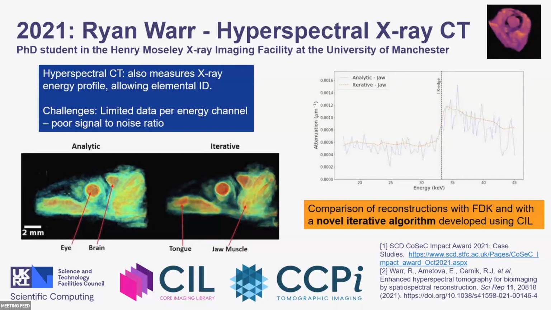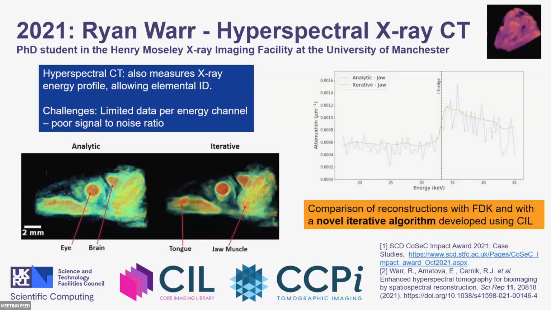And Ryan worked with the SIL developers on constructing an iterative algorithm for being able to reconstruct these data sets. So we see an example here of a lizard head that's been stained with iodine to improve the contrast. And we can see on the left is the reconstruction with our analytical FBP method. And on the right, we have a clearer, less noisy reconstruction with this novel algorithm.